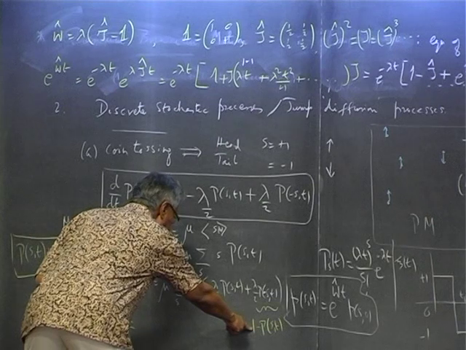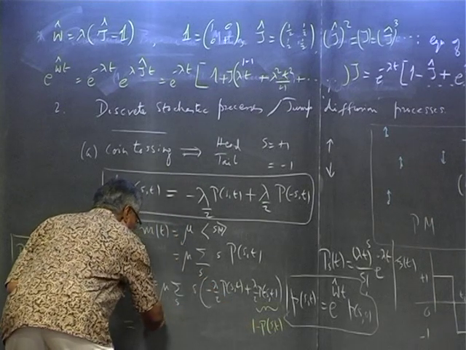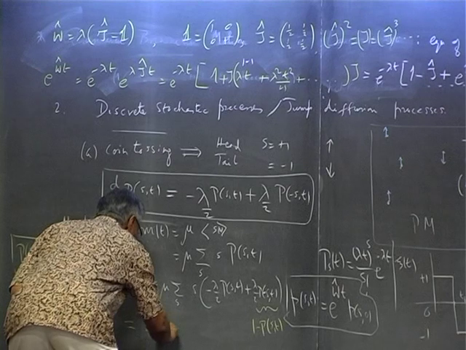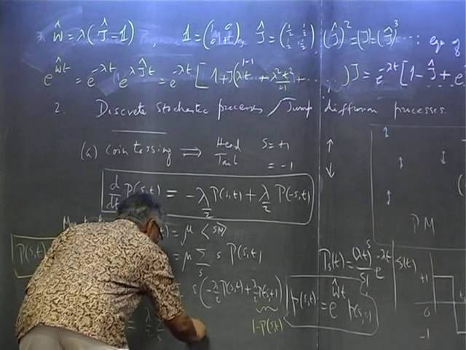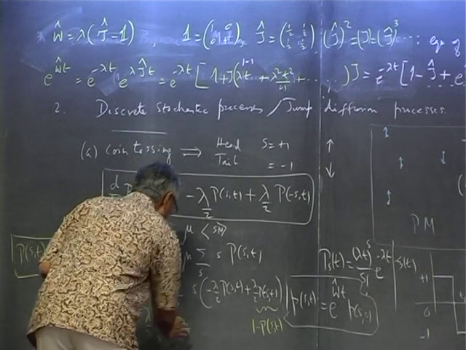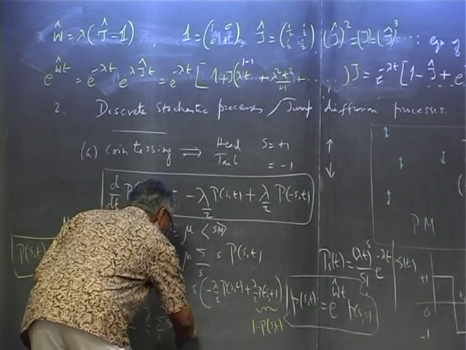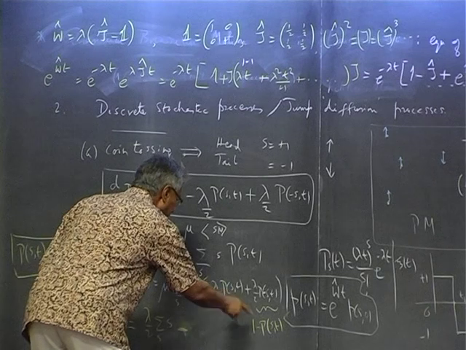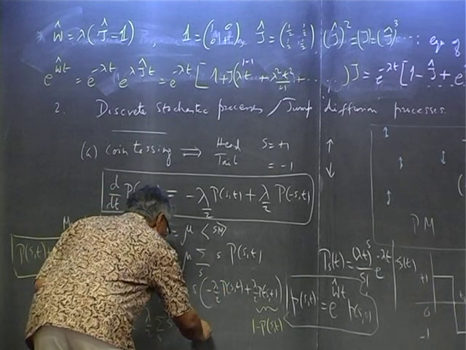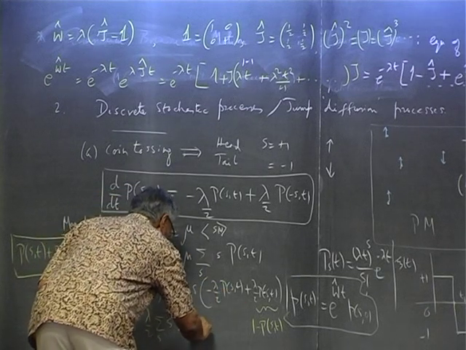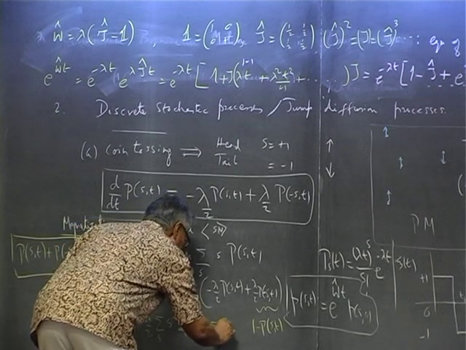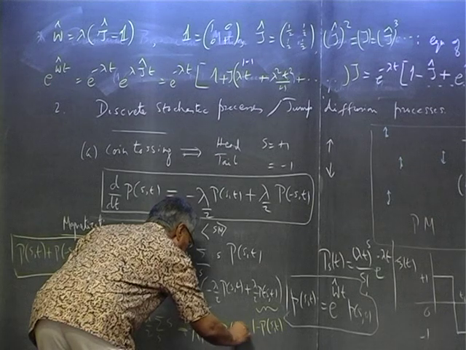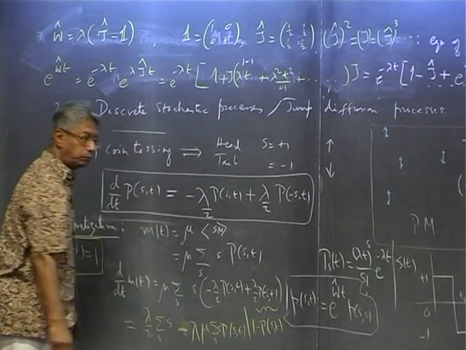this constant will come out. I get lambda by 2 summation S times S plus or minus, and then I have the same factor, so I cancel the 2. I get lambda mu summation S S P of S comma t.